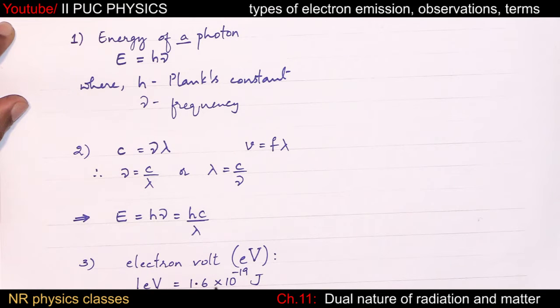Since energies involved in atomic physics and nuclear physics are very small, it is appropriate to express energy in terms of electron volt. Joule is SI unit of energy. Electron volt is not SI unit of energy. This is for the sake of convenience, whereas joule is for all calculations.